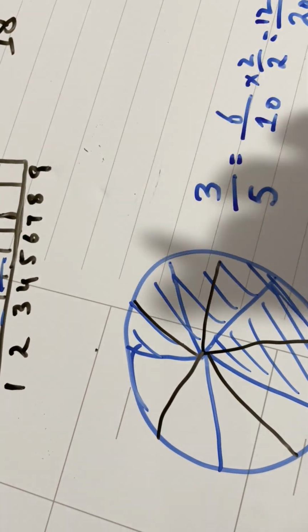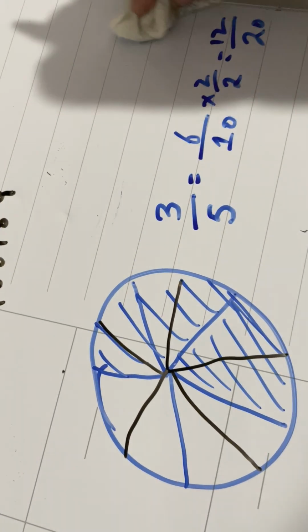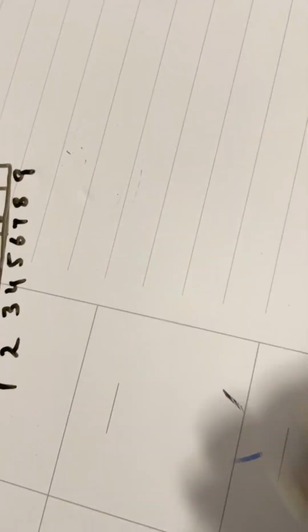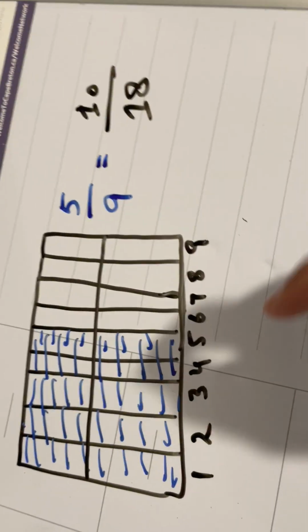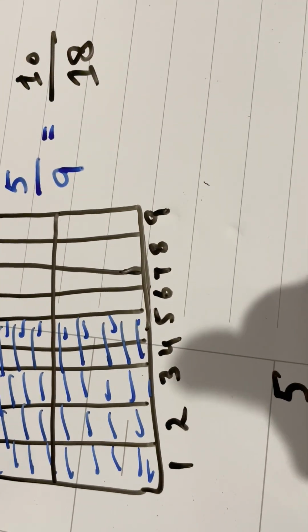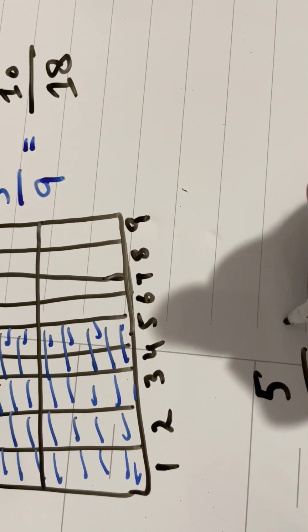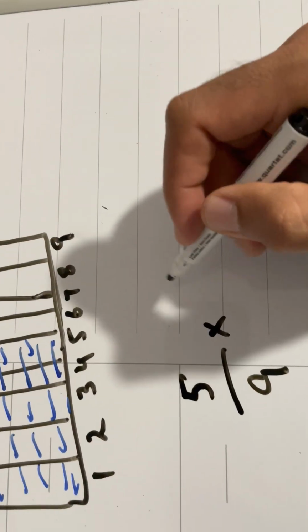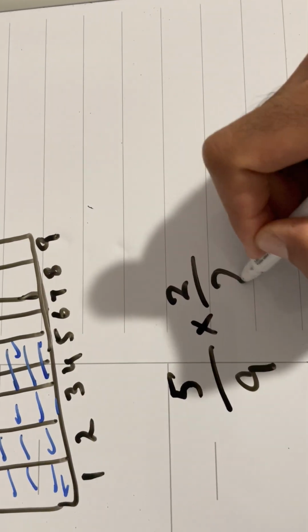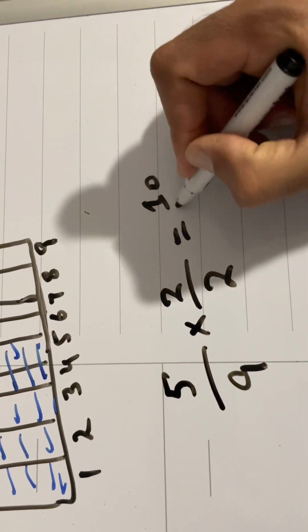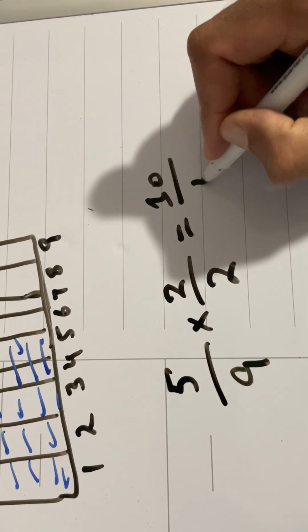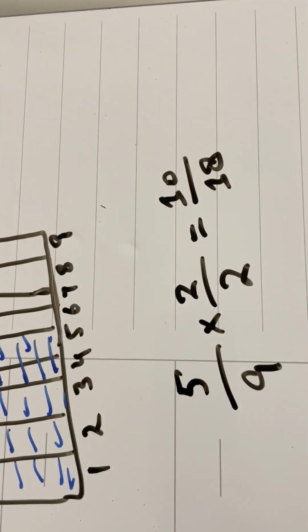For example, if we have 5 by 9 in this example, and if we multiply the numerator and denominator by 2, it will make it 10, and in the denominator it will make 18.